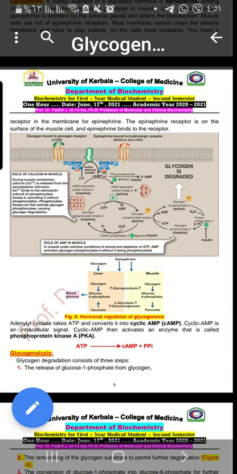The glycogen phosphorylase liberates glucose 1-phosphate, and then the transferase enzyme and glucosidase, which are called debranching enzyme, continue the degradation of glycogen or glycogenolysis.